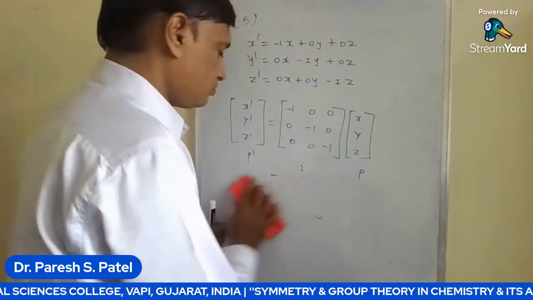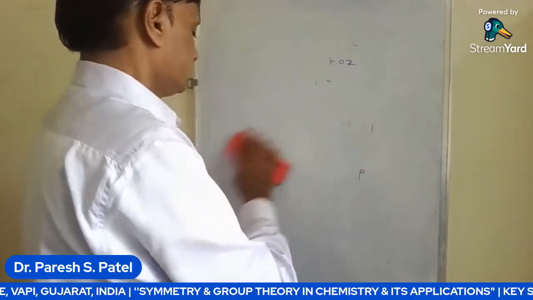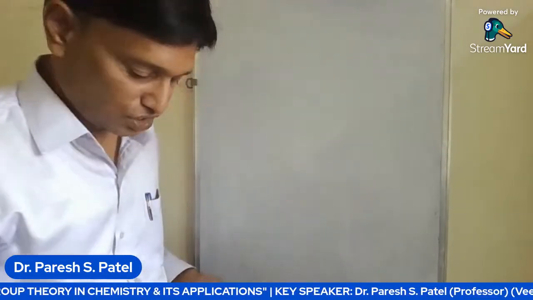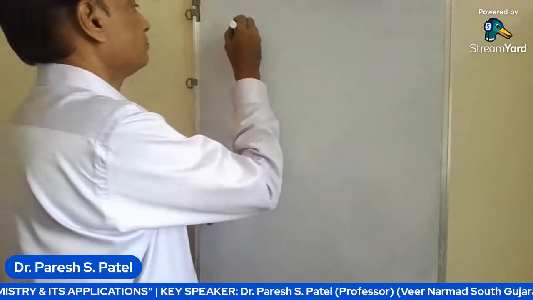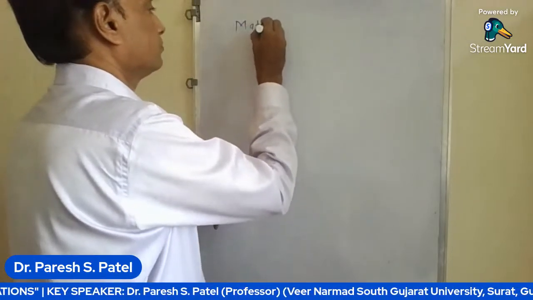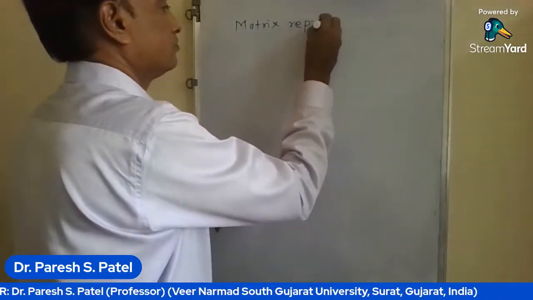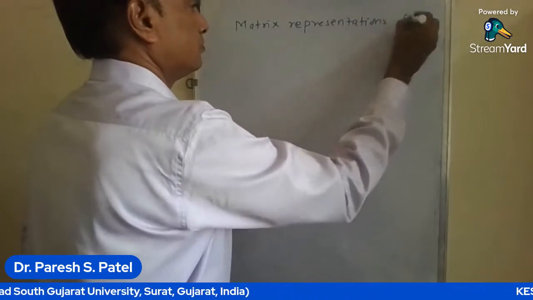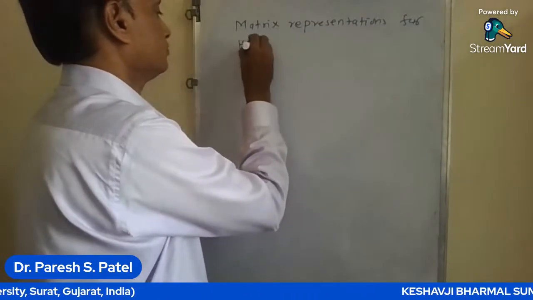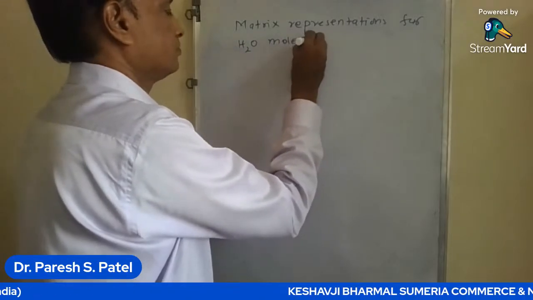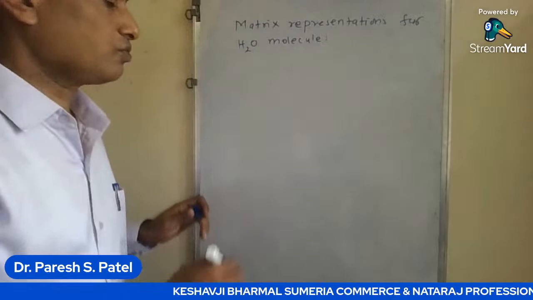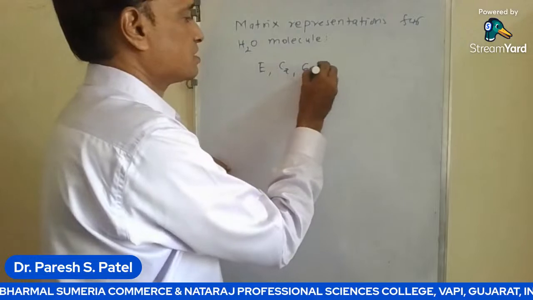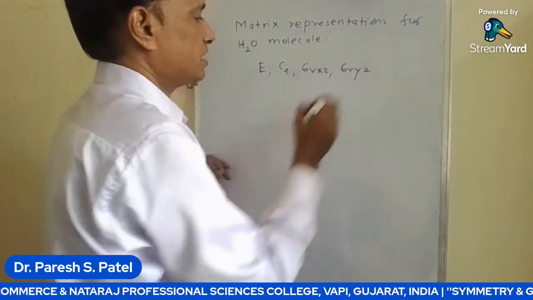Now, how to represent matrix representations for the water molecule. We know that the water molecule consists of E, C2, sigma v xz, sigma v yz symmetry elements.